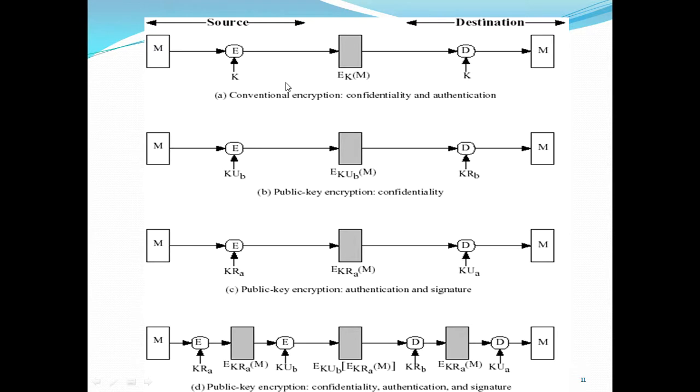This is a conventional method, simple, achieving confidentiality and authentication by encrypting using the symmetric key, also called the secret key, shared between the two persons. Public key encryption gives only confidentiality. Remember that there is a difference between confidentiality and authentication. If you use only confidentiality in public key encryption, the sender must use the public key of the receiver to encrypt the plain text, to encrypt the message.